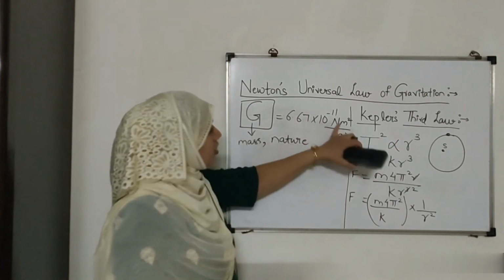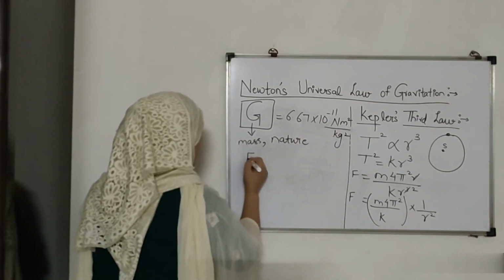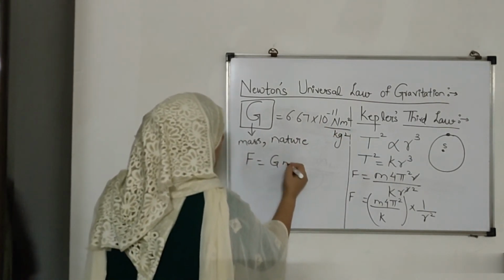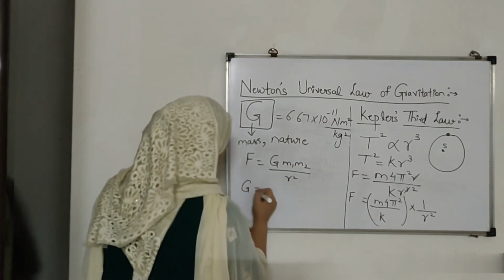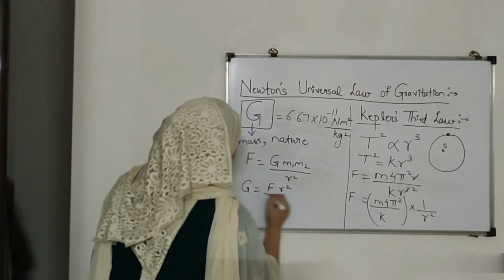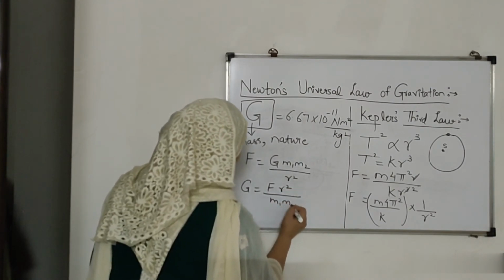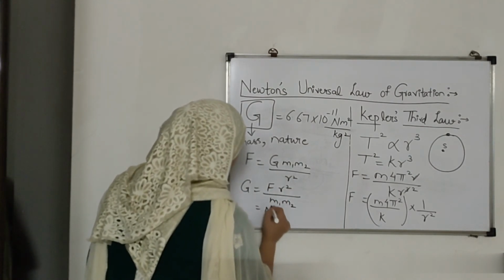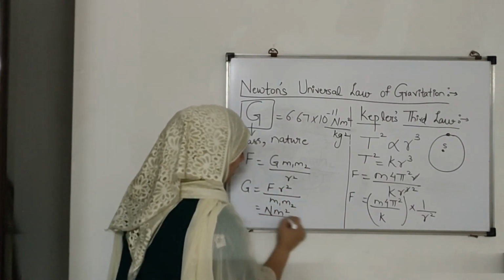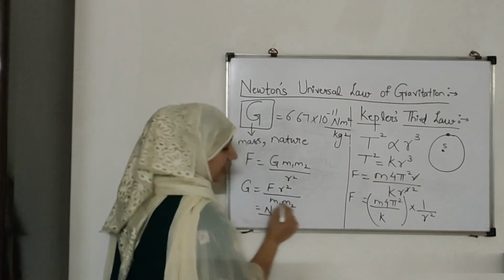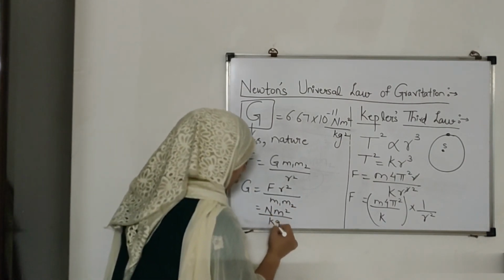Now how does it get this unit? My F equals G m1 m2 upon r square, so my G becomes F r square upon m1 m2. F is the force, whose unit is Newton, r is the distance in meters squared, and the masses are in kg, the SI unit, so kg square.